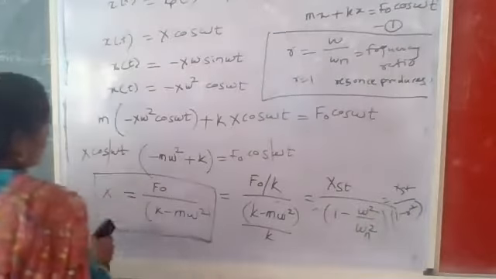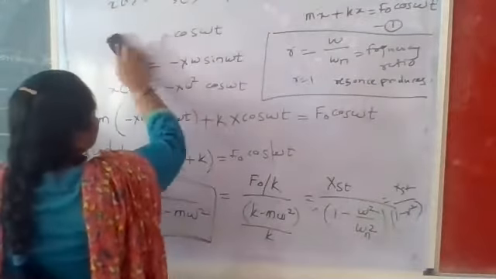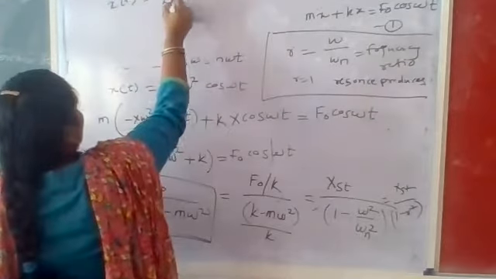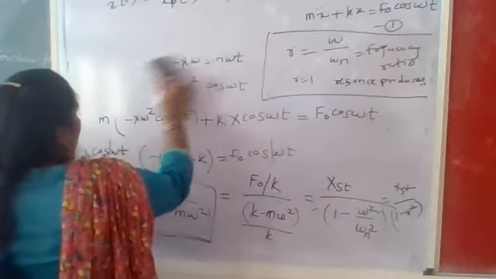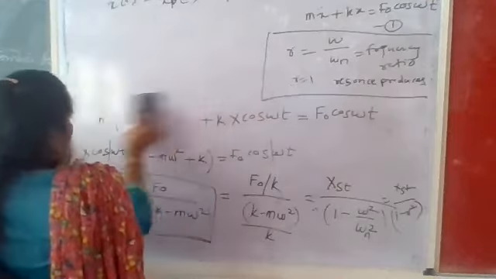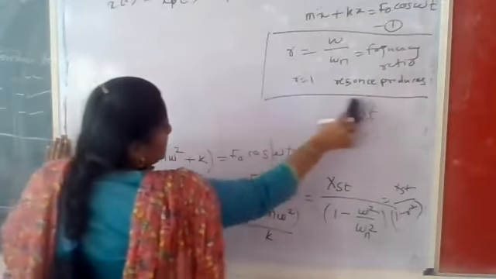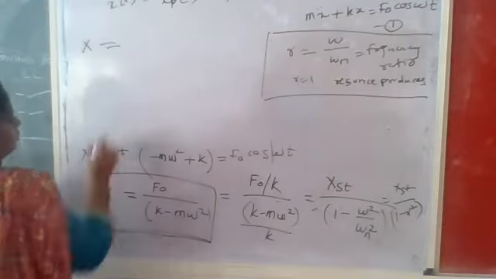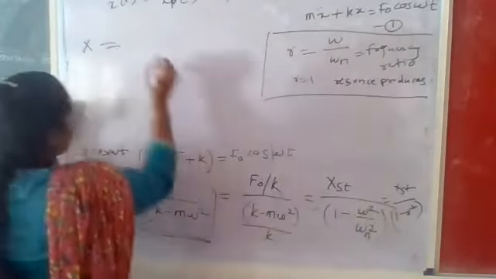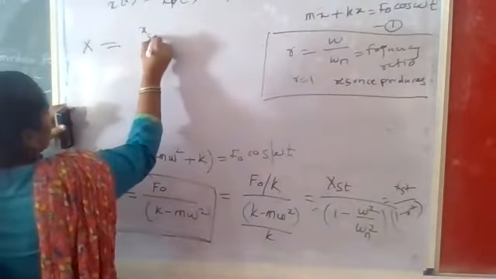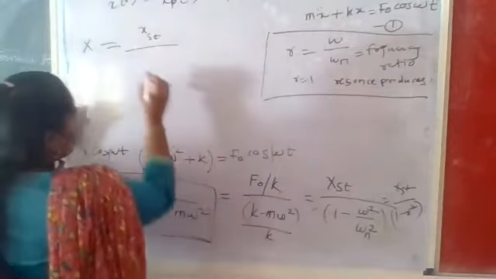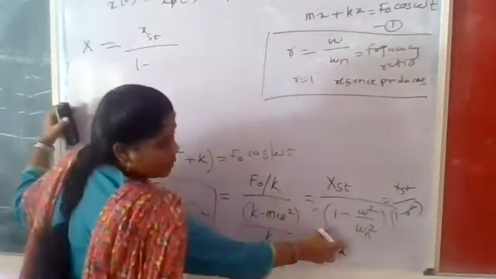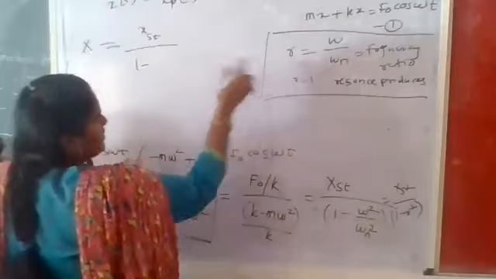So write down x is equal to x st divided by 1 minus omega square divided by omega n square. What is this? Already we know that is r.